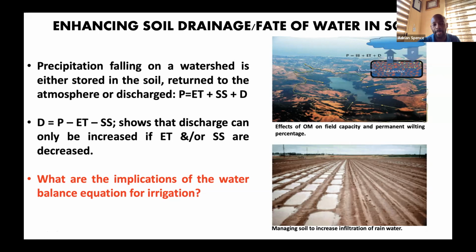How quickly this happens is based on the type of soil that you have. But for agricultural purposes, and especially due to the water intensive nature of agriculture, ideally what you want is to have good storage, which ensures good field capacity.